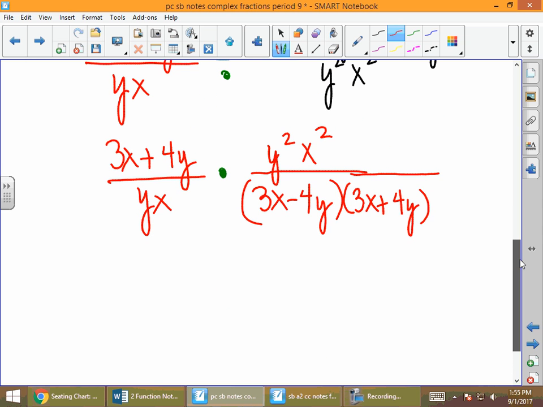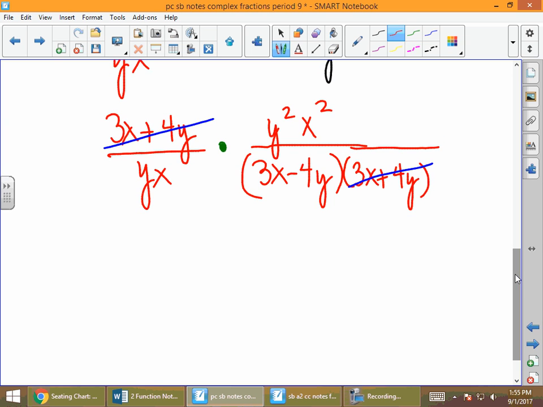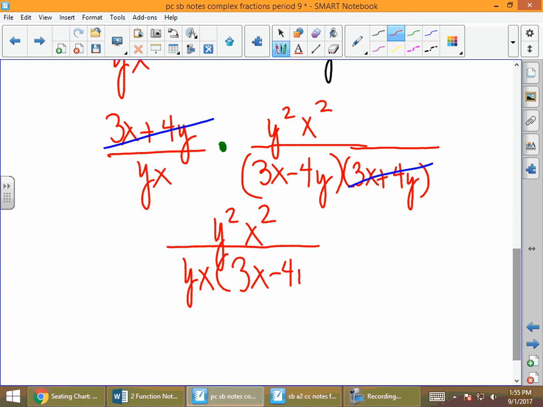And then we ask ourselves, do we have anything exactly the same in the top and in the bottom? Well, we have a 3x plus 4y. And there actually is a little bit more, but some of you start at this point. You cancel that part out, and now we have y squared x squared over yx times 3x minus 4y.